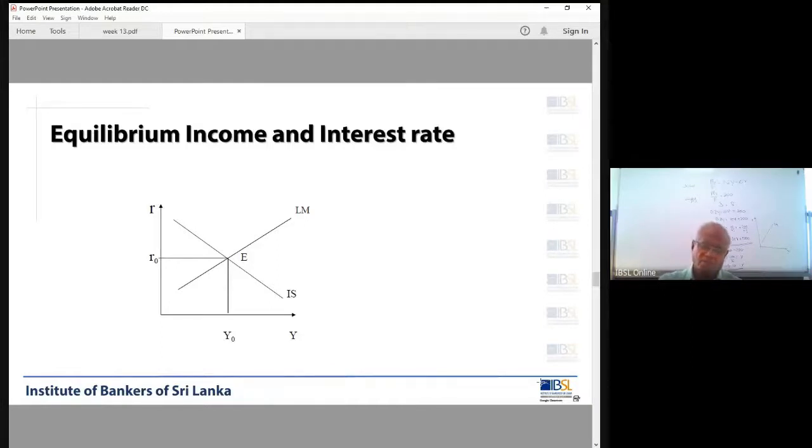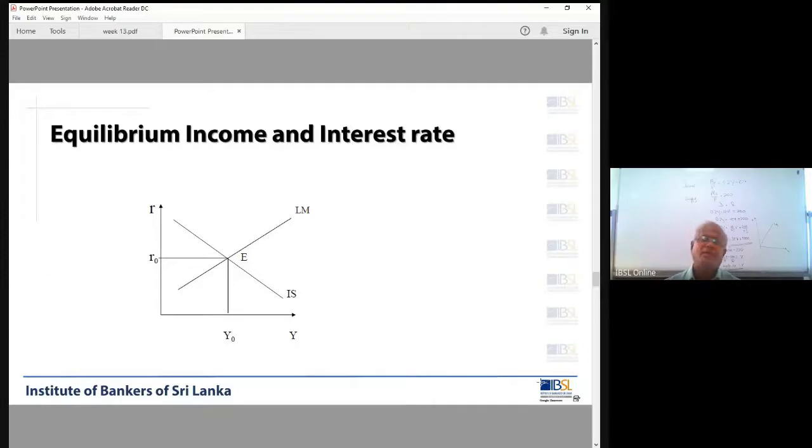Along the LM curve, the money market is in equilibrium. At the point of intersection, both the goods market and the money market are in equilibrium. The financial sector and the real sector are both in equilibrium. General equilibrium in the economy.